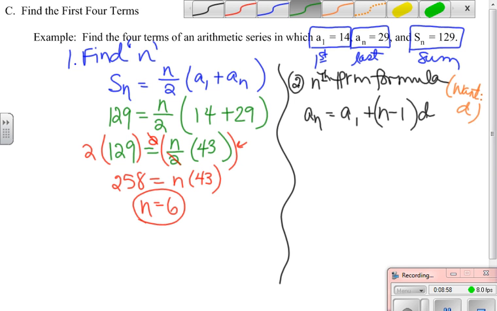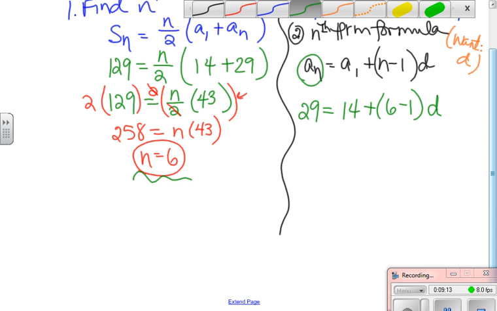So by substitution, a of n is 29. My first term is 14 plus I found n to be 6, 6 minus 1, and d is what I don't know. So I'm going to go ahead and clean up the algebra, and so I'll have 29 is equal to 14 plus 5 times d, subtract 14 from both sides, 15 equals 5d, so d is 3.